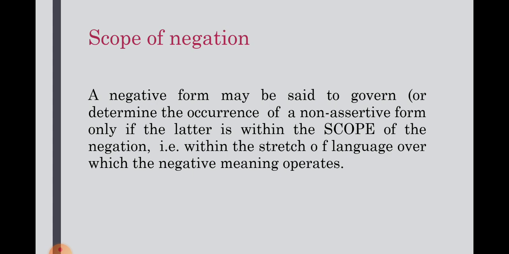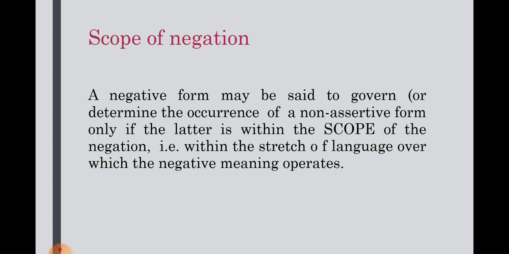So starting with the scope of negation, a negative form may be said to govern or determine the occurrence of a non-assertive form only if the latter is within the scope of the negation, i.e. within the stretch of language over which the negative meaning operates. So the idea of scope of negation is related to which piece of language we apply negation on.